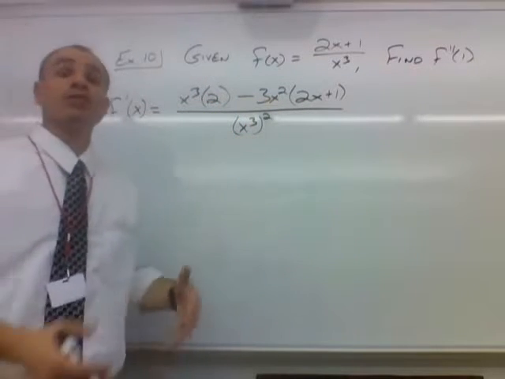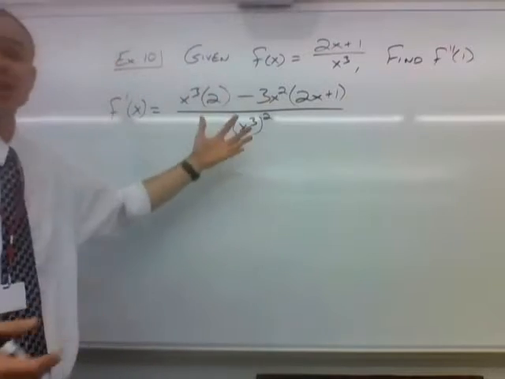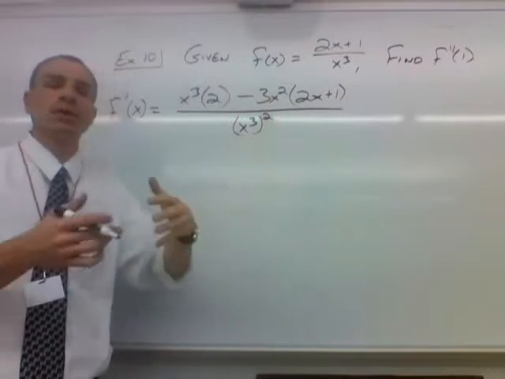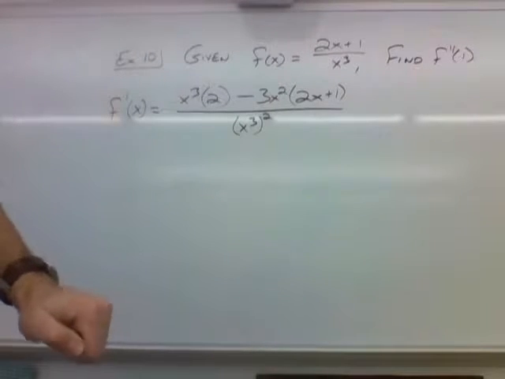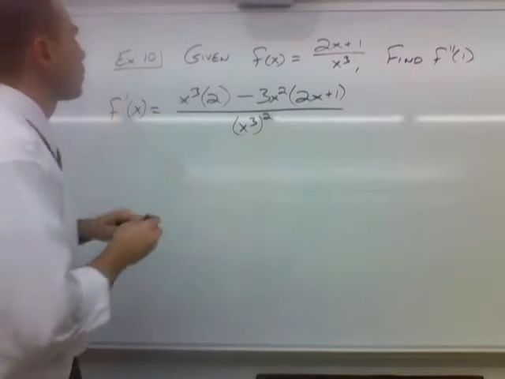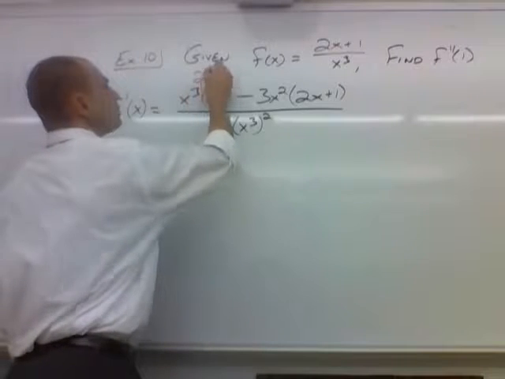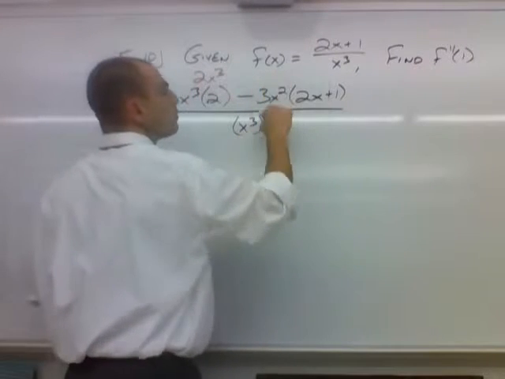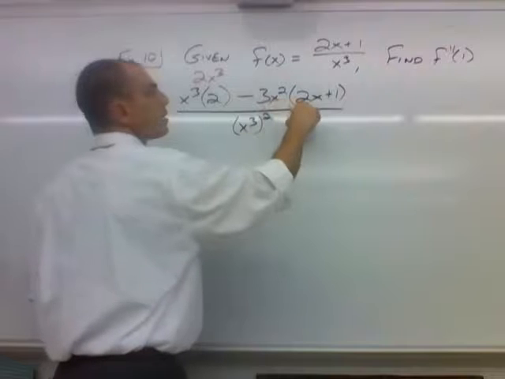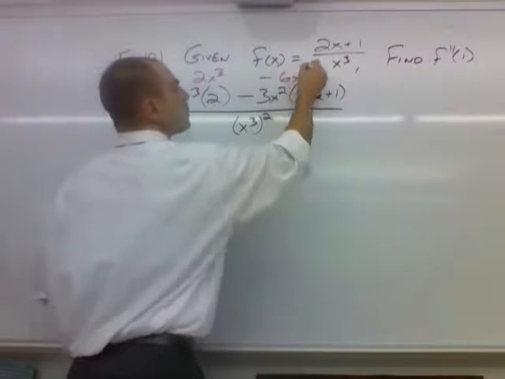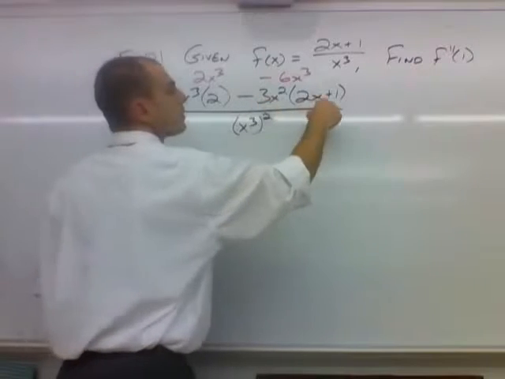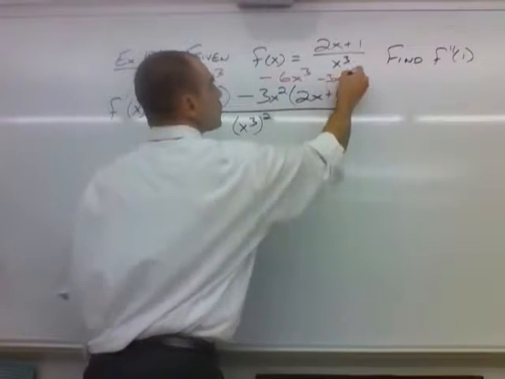Okay, now we have to derive this again, and this is kind of messy at the moment, so it might make sense if we were to just simplify this a little bit. Let me get my other marker again. And we know that this is really 2x cubed. And if we distribute the negative 3x squared times 2x, that is negative 6x cubed. And negative 3x squared times 1 is minus 3x squared.